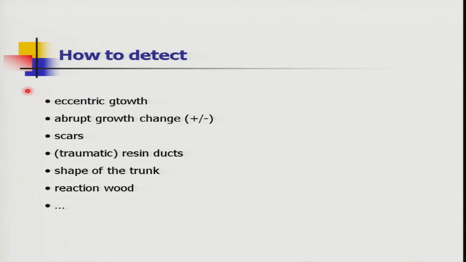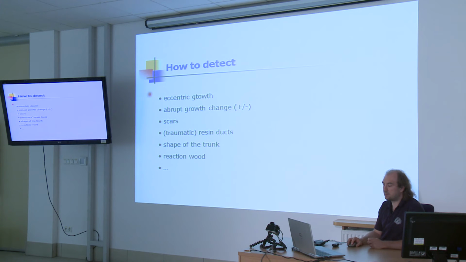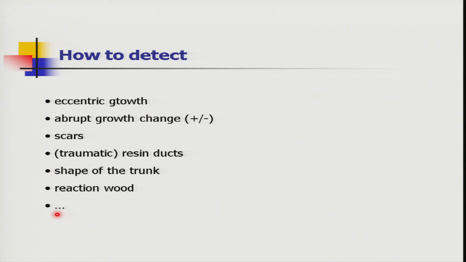But we have a couple of parameters that can be used to detect the impact of various environmental processes. Here I present some of them, but this list is not full, for sure.